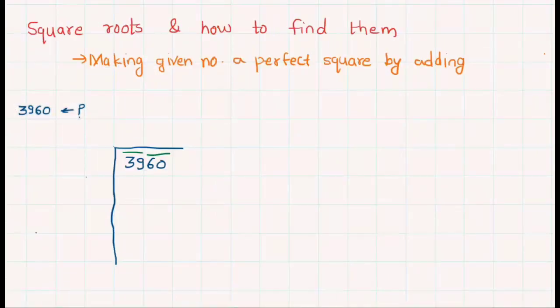Now let's solve this. We are asked what number should be added to this number so as to make it a perfect square. Our first step is we group this together from the right side. Now we have two groups. Now we find the nearest perfect square number that is less than this.